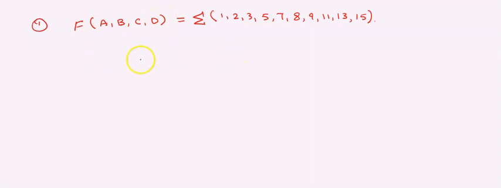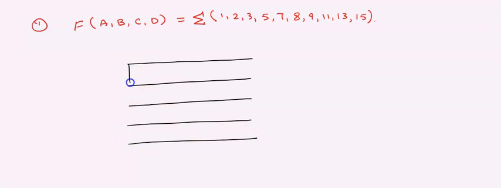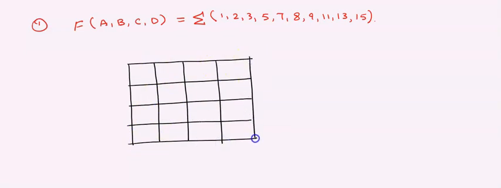If you don't know, a 4 cross 4 matrix means you have to draw 4 rows and 4 columns: 1, 2, 3, 4 rows and 1, 2, 3, 4 columns. This is step number 1.